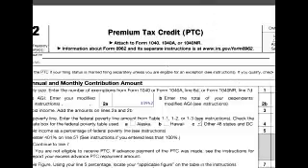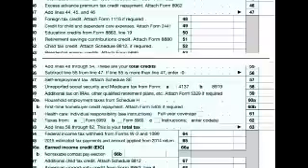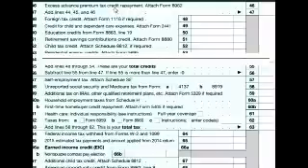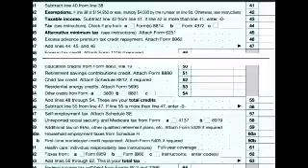8962. You will find this form at healthcare.gov. I'll show you how to do it. You will send this form, and then finally there is another thing. In your 1040, you're going to make some modifications.